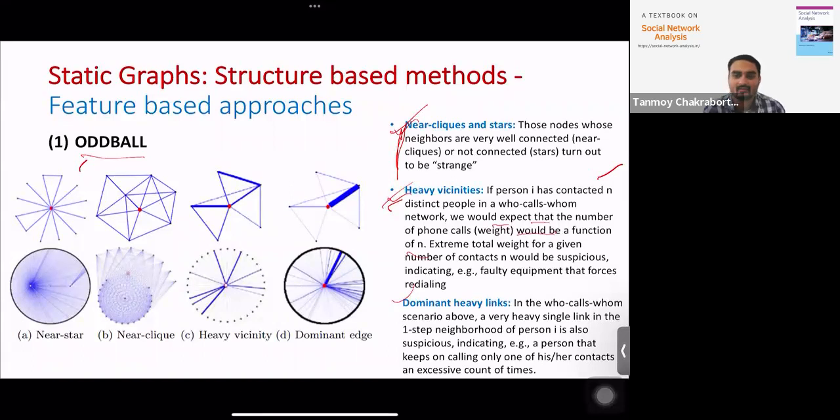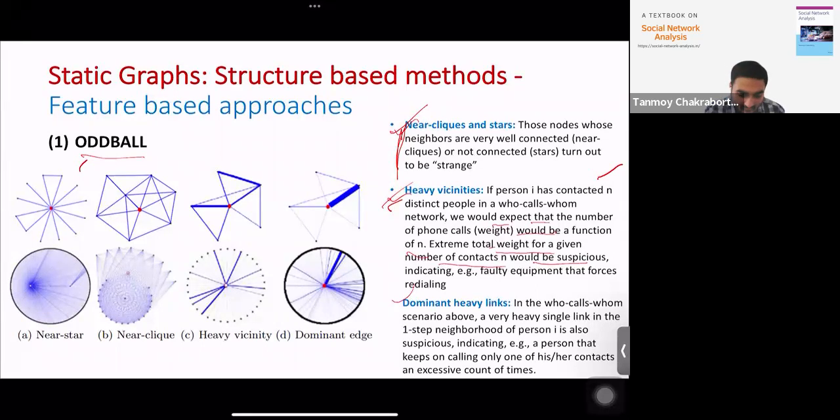So basically, n is the total number of nodes present, and if this is normal, then you can think of the edge weight as approximately, asymptotically, of the order of n, not more than that. An extreme total weight for a given number of contacts n would be suspicious, right?